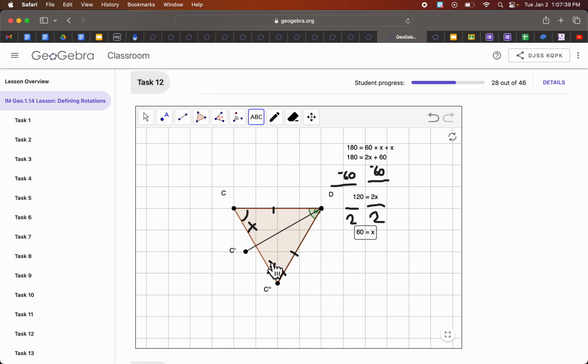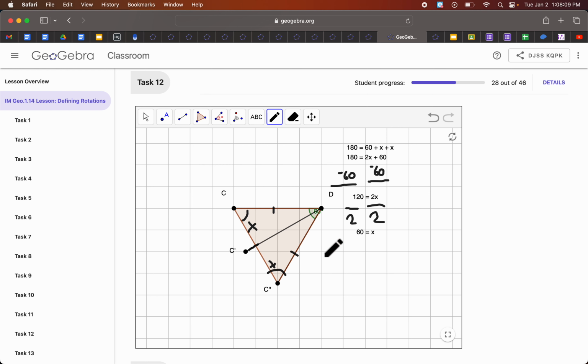We also know something else. If this angle is 60 degrees and this angle is 60 degrees, then these two angles are the same, which means that the sides across from those angles are also the same. This side is across from this angle, and this side over here is across from this angle. That means that this side is also the same length.